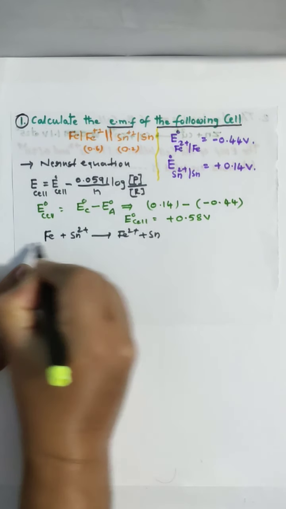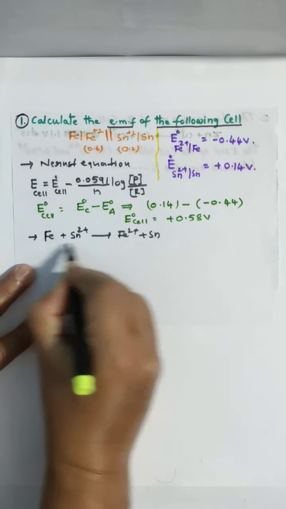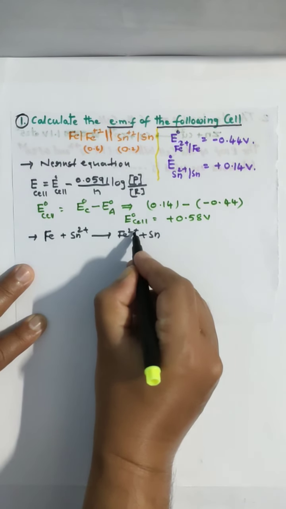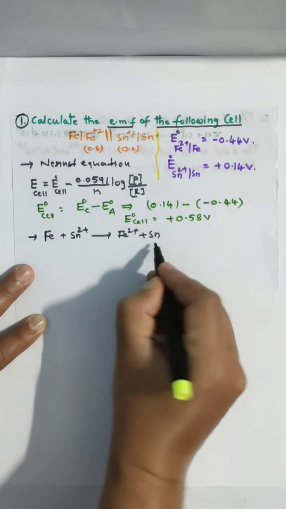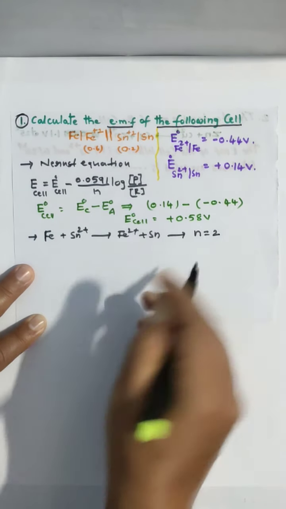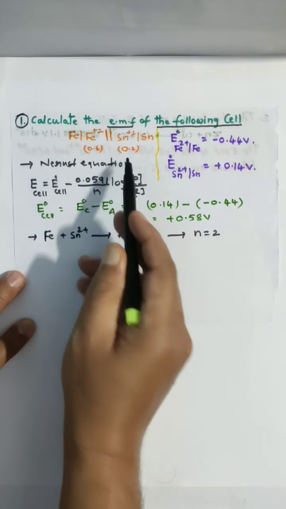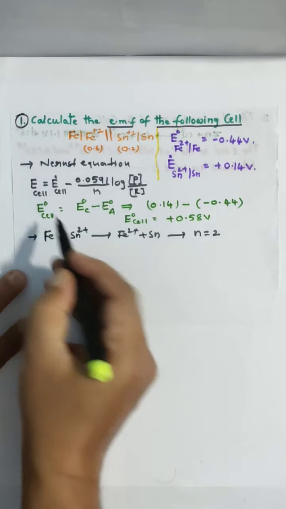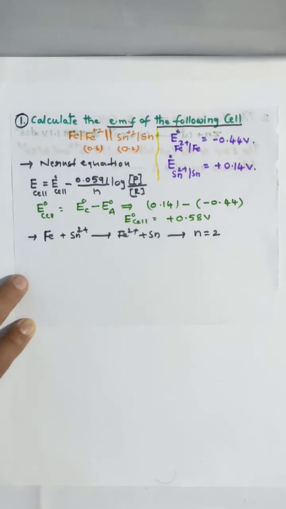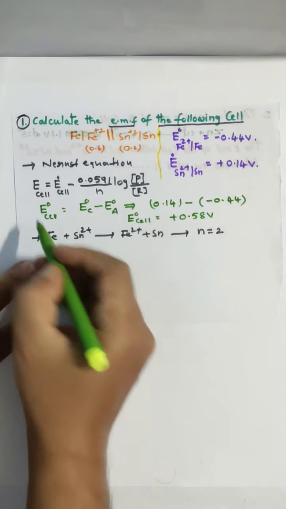So what is n value? It is the change in oxidation number. Iron to iron 2 plus means 2 electrons, and tin 2 plus to tin also 2. So n equals 2. The n value, E naught cell value and concentrations are there, so directly we have to substitute in the given formula.